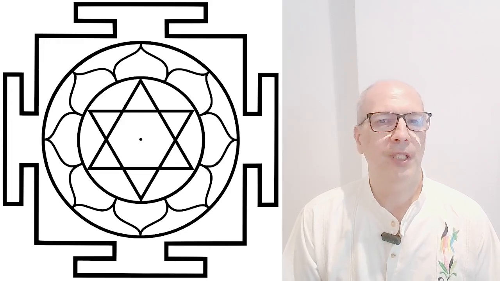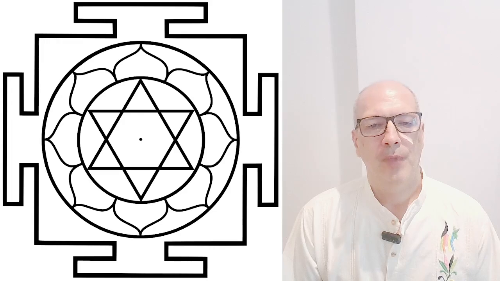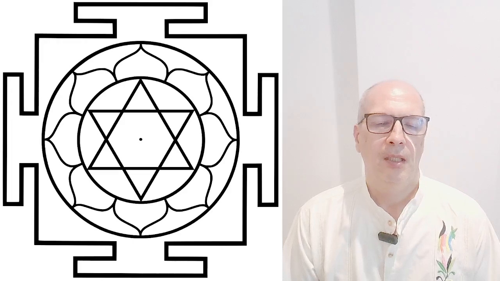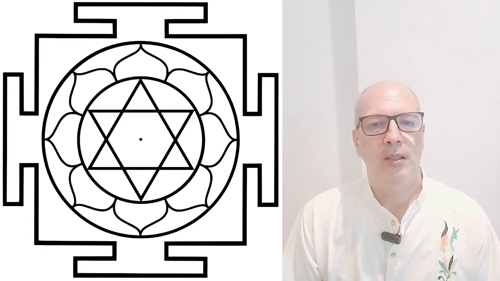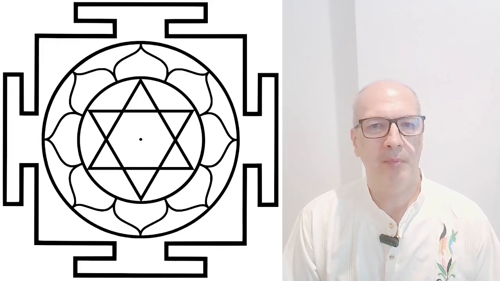A lot of the Indian temples and sacred spaces are in this form, a square with 4 gates, 4 places to enter the temple.